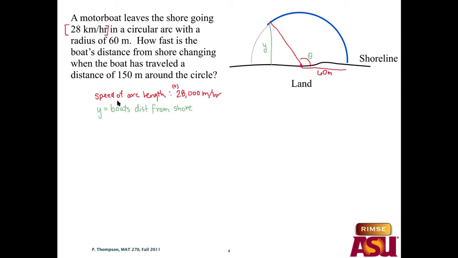So y is the boat's distance from shore. That would be measured in meters, since everything else is. If I'm going to use theta in the 60 meters and 150 meters, let's see, the length of this around the arc. Let me use A for arc length. Let me write that in blue, if I can.